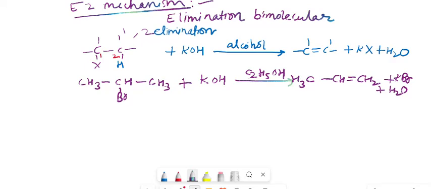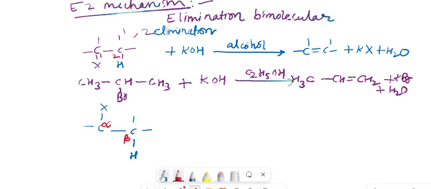Now how does this mechanism work? It is a single step process, and in that process we can take this alkyl halide. This is the alpha carbon which is connected to halogen, and this is the beta carbon which is connected to hydrogen.